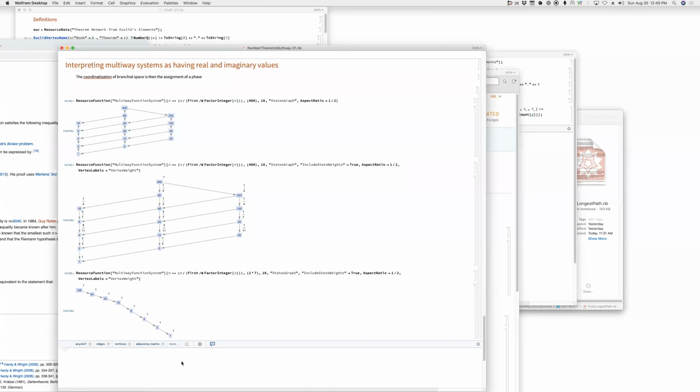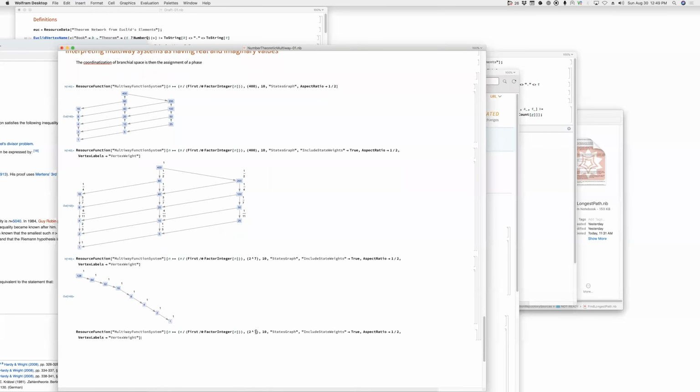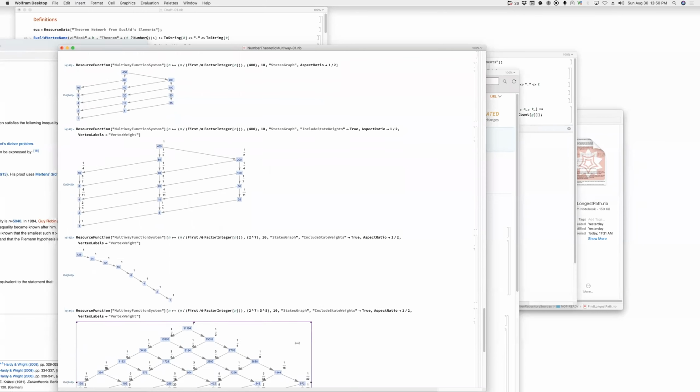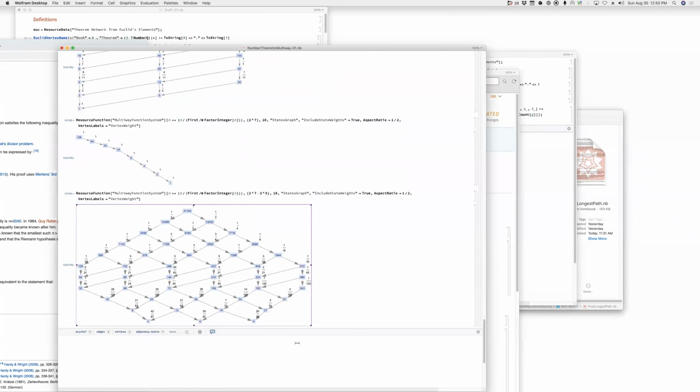So now let's consider the case 2 to the 7 times 3 to the 5. And now that's created for us something. Okay, what on earth is the interpretation of those path weights?